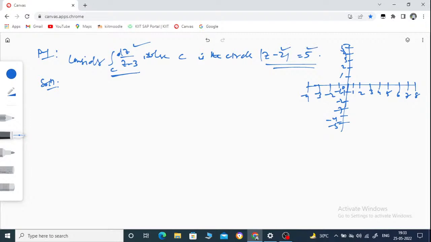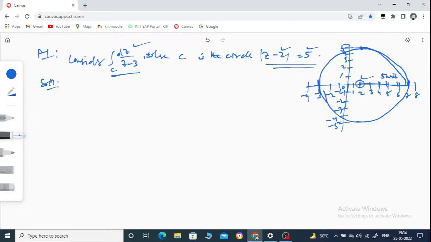So this is a circle whose center is 2, and radius is 5. If you draw the circle, it will be like this, whose center is 2 and radius is 5 units.